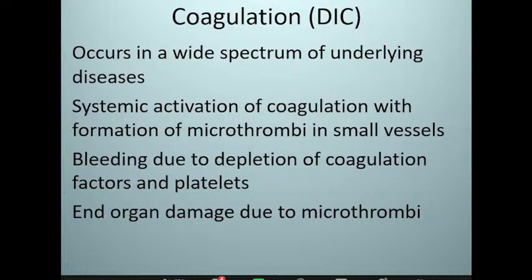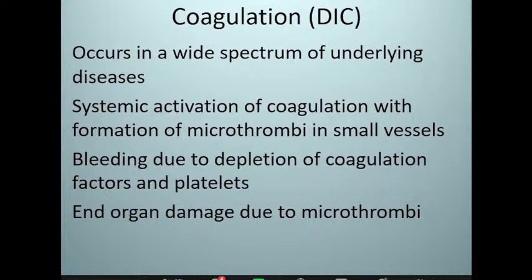Now, in DIC, disseminated intravascular coagulation, the platelets also get consumed. So there is a deficiency of coagulation factors because they are consumed, and the platelets are also consumed, so there is thrombocytopenia. And as a consequence of these two arms of hemostasis being involved, there is diffuse bleeding that takes place.